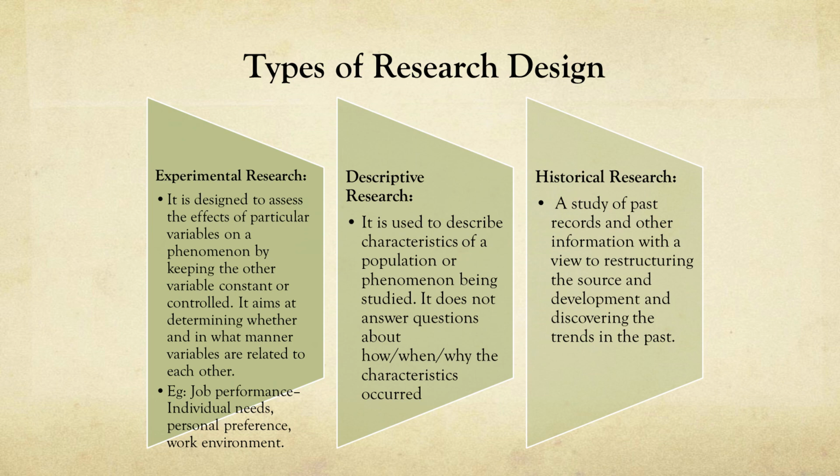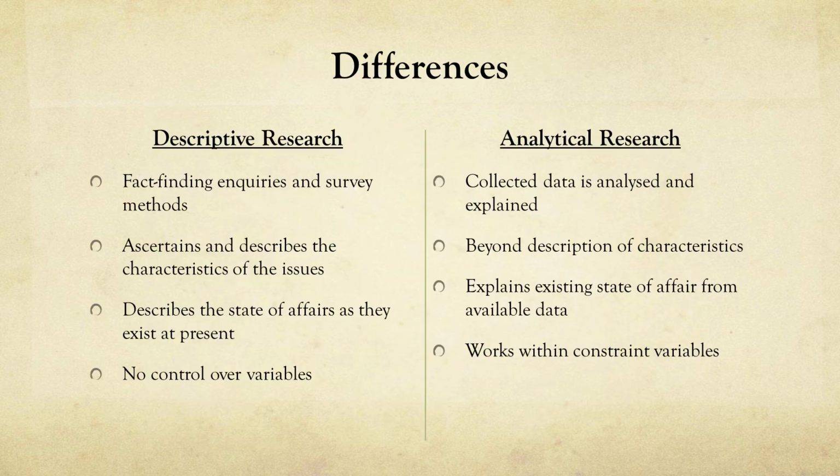In the next slide, I have listed a few differences between descriptive research and analytical research. Descriptive research is basically fact finding and can be done through the survey method I just mentioned, while analytical research is where data is collected, analyzed and explained. Descriptive research ascertains and describes the characteristics of the issue, and analytical research goes beyond the description and characteristics.